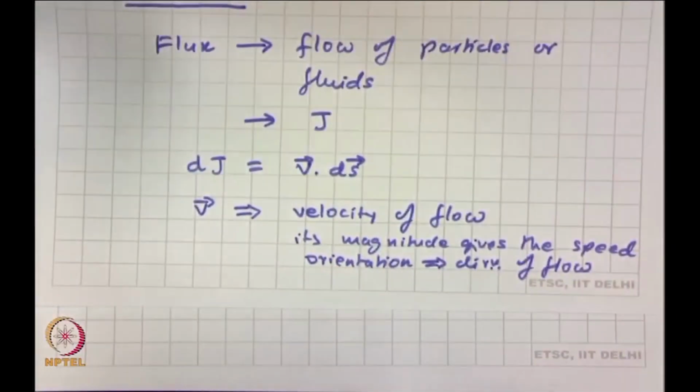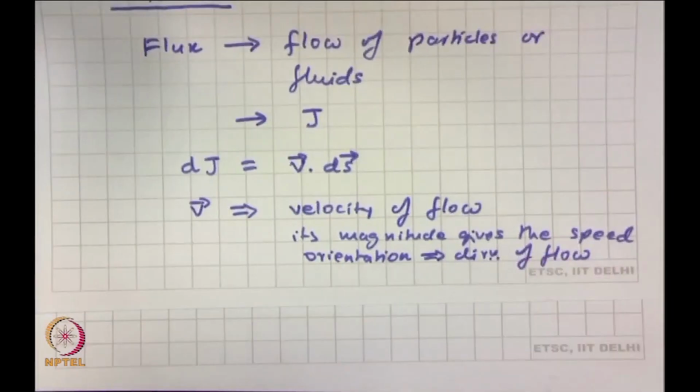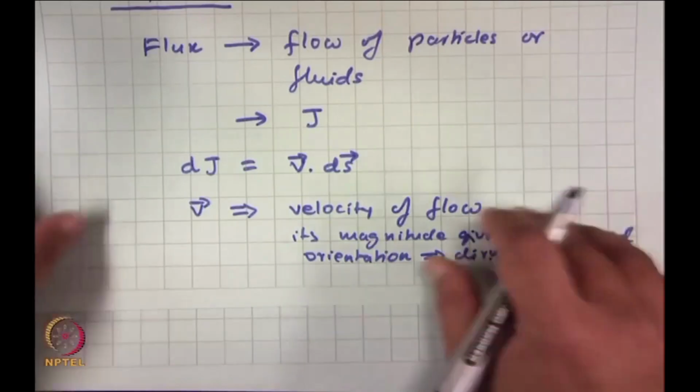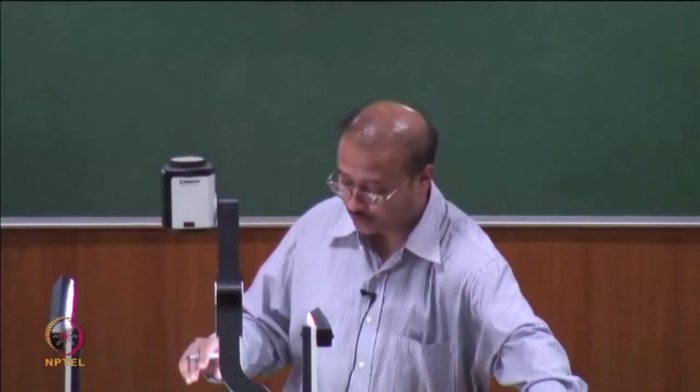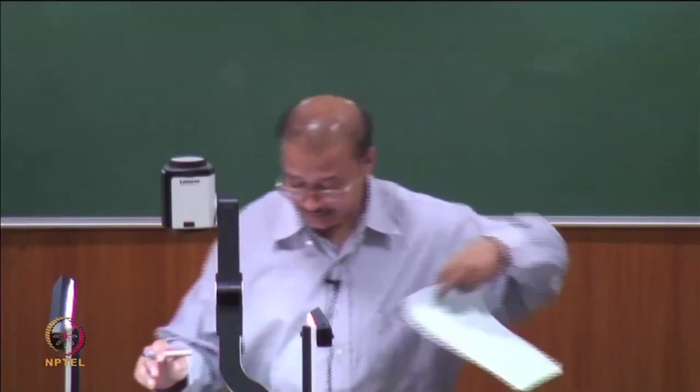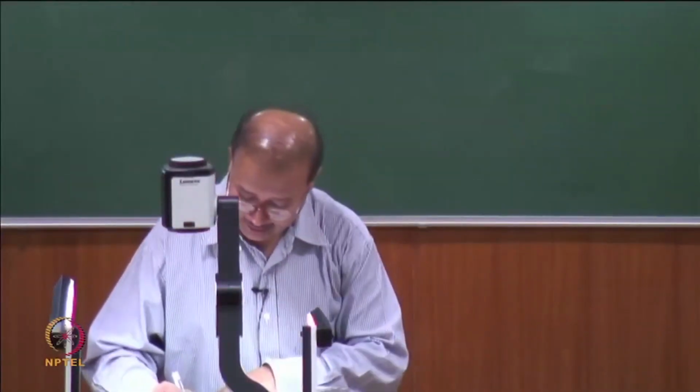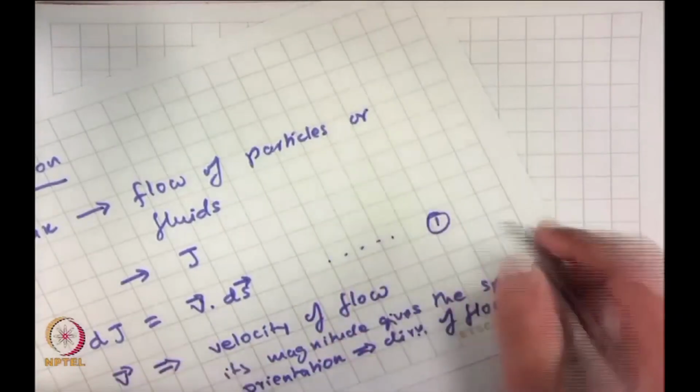That means v is very important from two aspects. One, its magnitude gives you the speed, and the second, its orientation gives you the direction of flow, like through which direction it is coming out, and that is v for you. Then obviously, the other component of this dot product is ds. Let me write this one as equation 1.